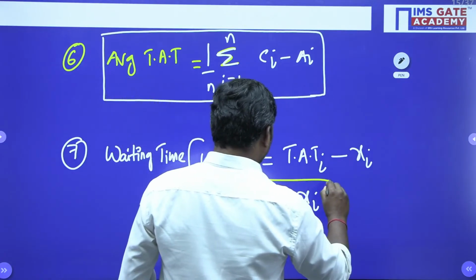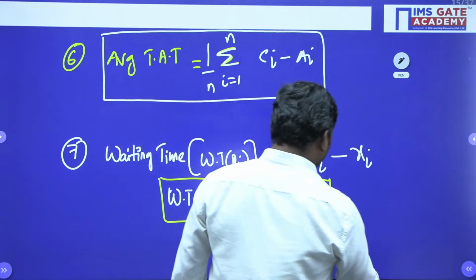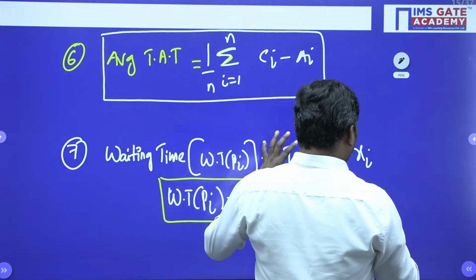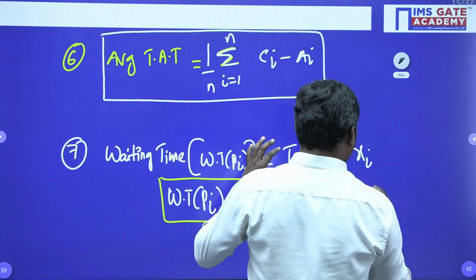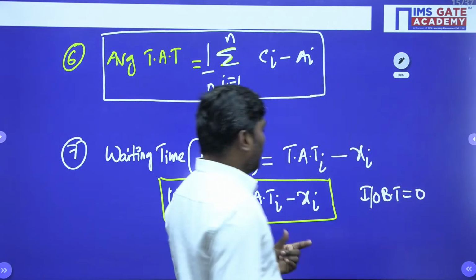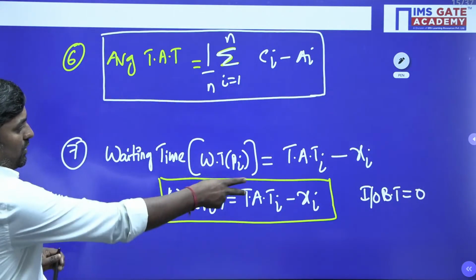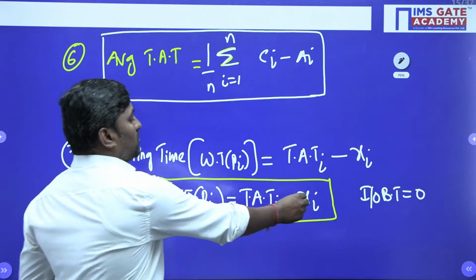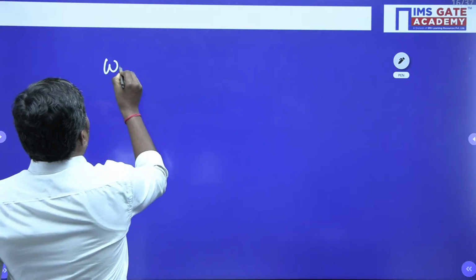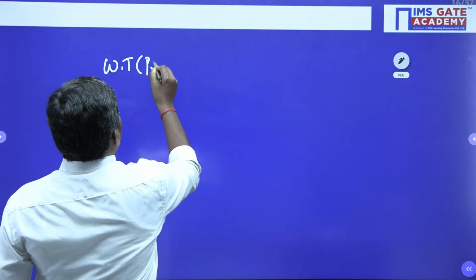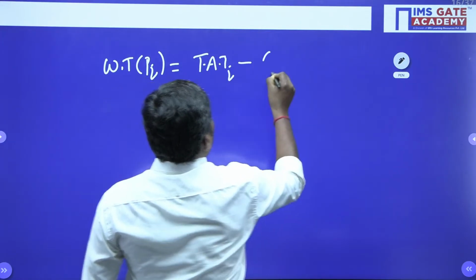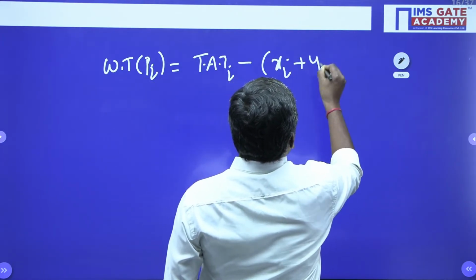So, what is the consideration here? This expression is when IO burst time equal to 0. When considering IO burst time 0, from turnaround time I remove only the CPU burst time. Now, another formula: waiting time of process Pi equal to turnaround time of the ith process minus Xi plus Yi.